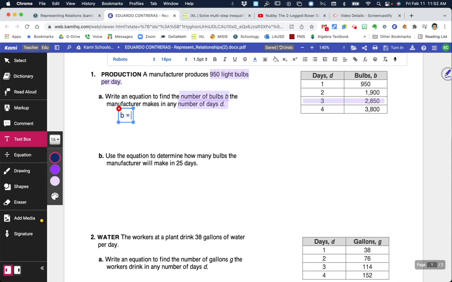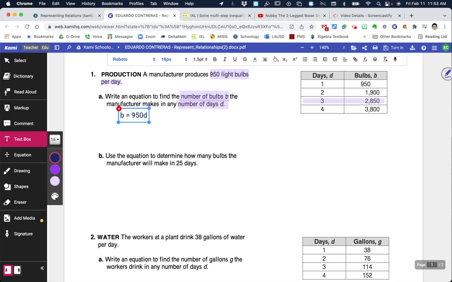If we wanted to figure out for any given day, say for the third day, how many light bulbs are they making each day? 950. So they're making 950, but that's per day. And if I want for any day, what variable are we using for days? D. So if we multiply that 950 you make per day times whatever day it is, first day, second day, third day, etc.